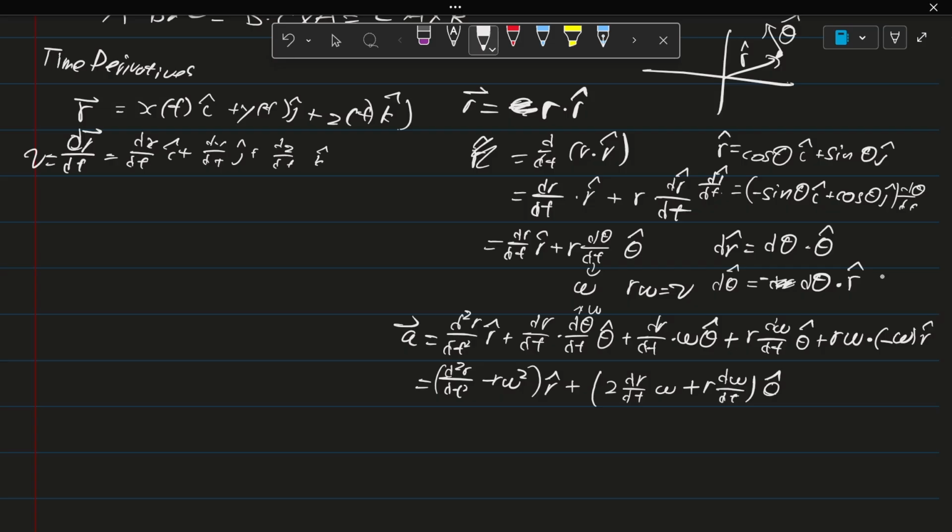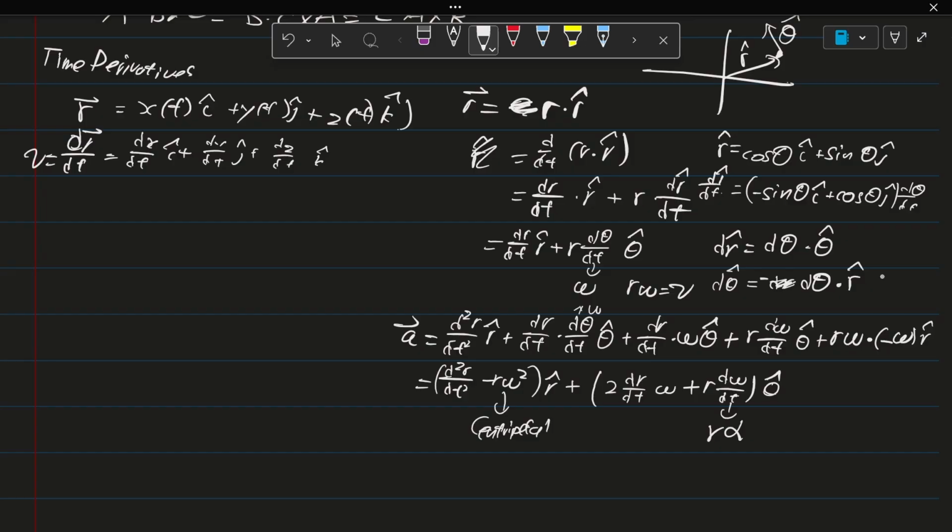Now, if your r doesn't change at all, what you observe here is that there are two different types of forces. This one, which is normally what you know as the centripetal force, and this one, which is just r alpha, which is something you also obtained when you did circular motion. So you could see lots of elegant features when you deal with vector calculus.